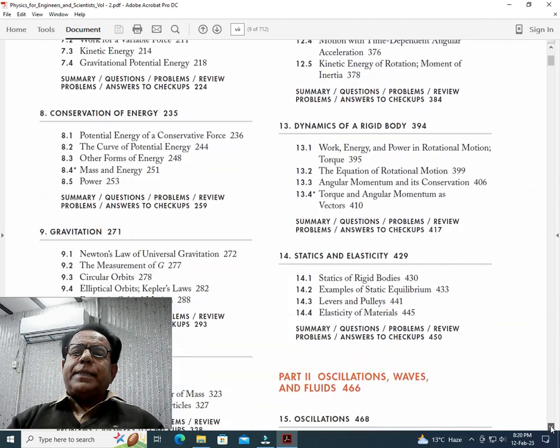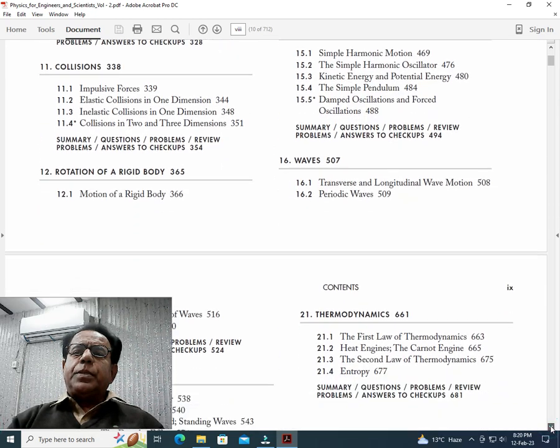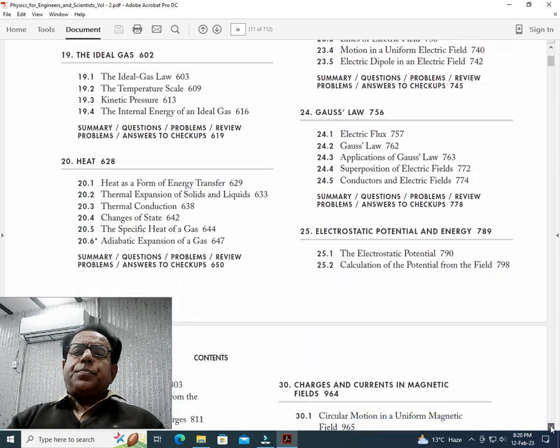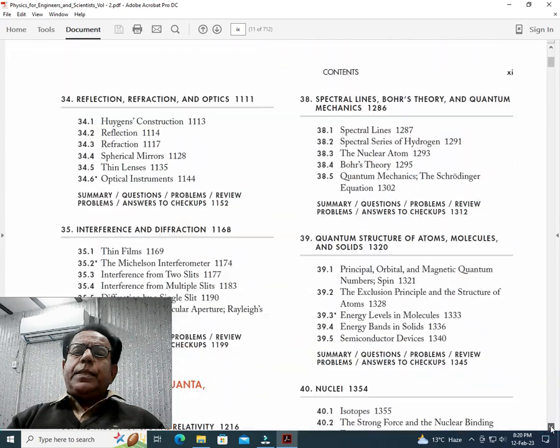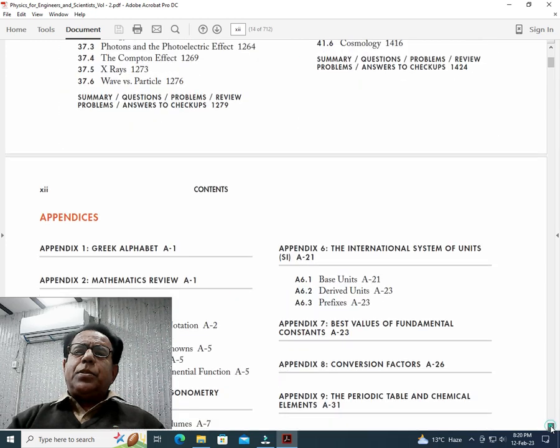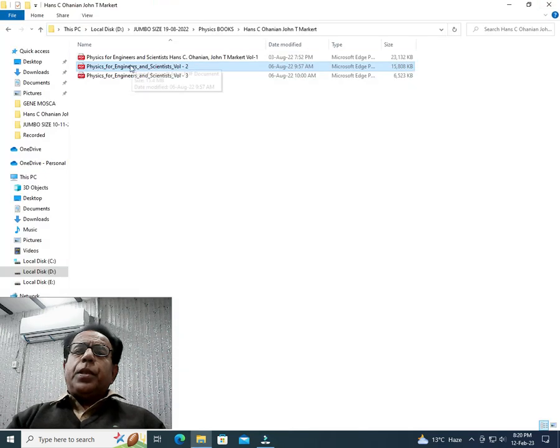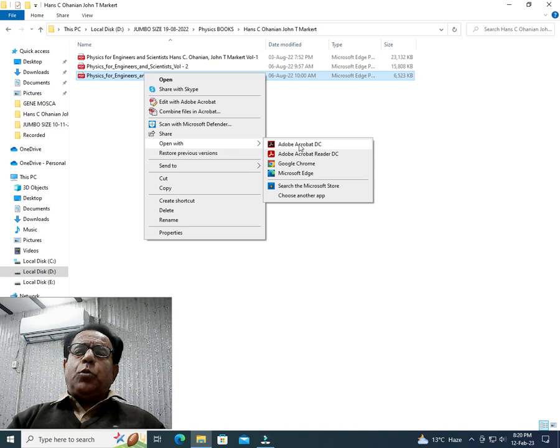These are the contents in detail. In these contents, perhaps all the three volumes have been shown. Now we open the third volume of this book.